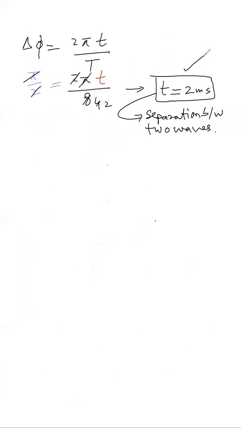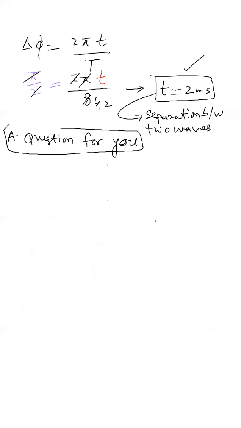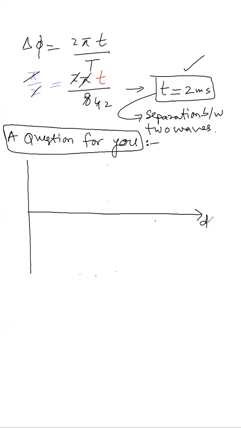Now, a question for you. You have to look at it, then you have to pause the video, and you have to solve it and again play the video to look for the solution. Okay, so along x-axis is distance.